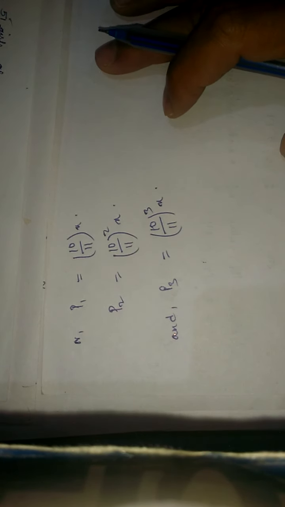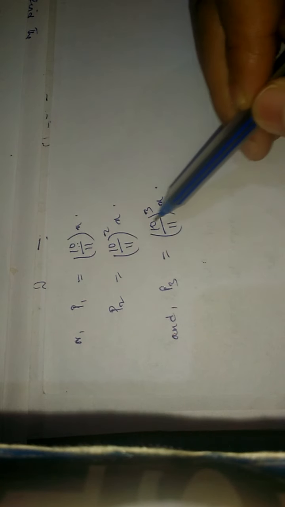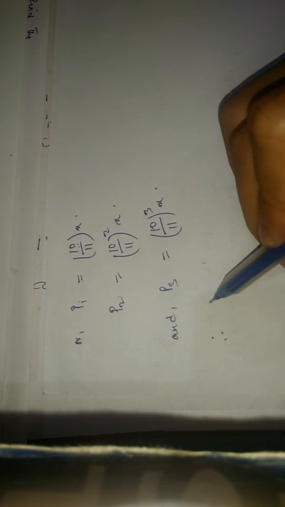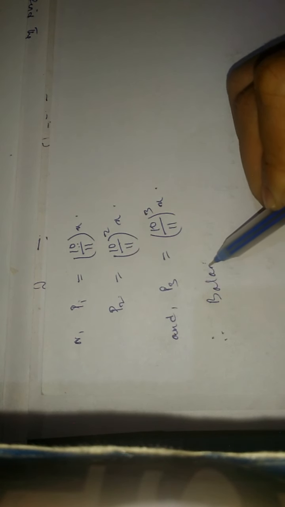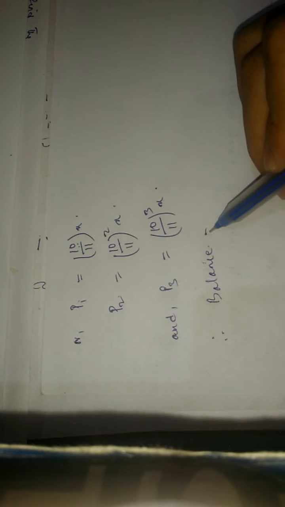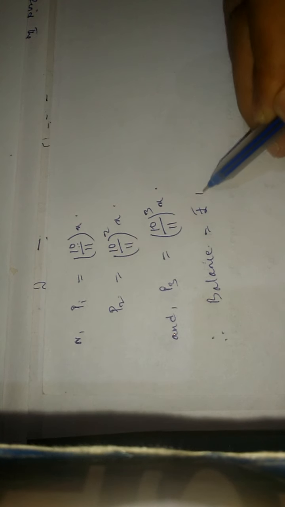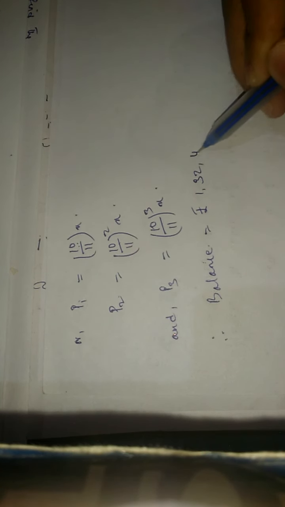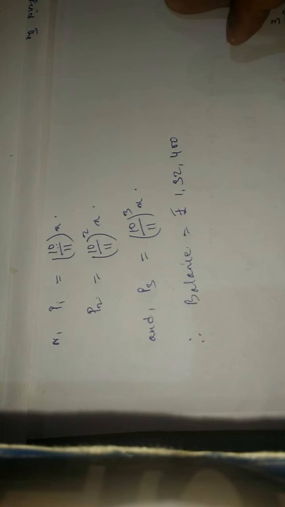Now the balance is the sum of P1, P2 and P3. The balance is rupees 1,32,400.